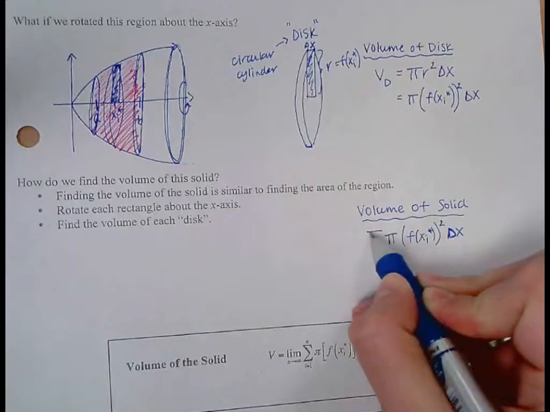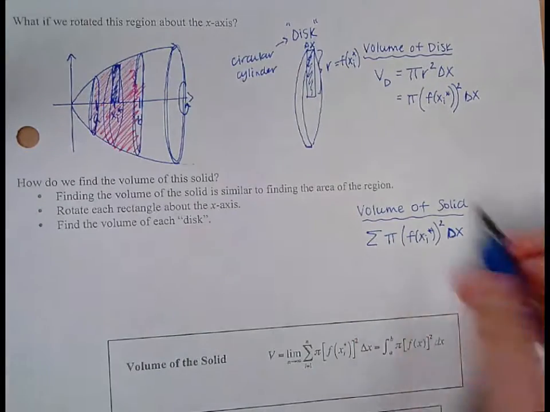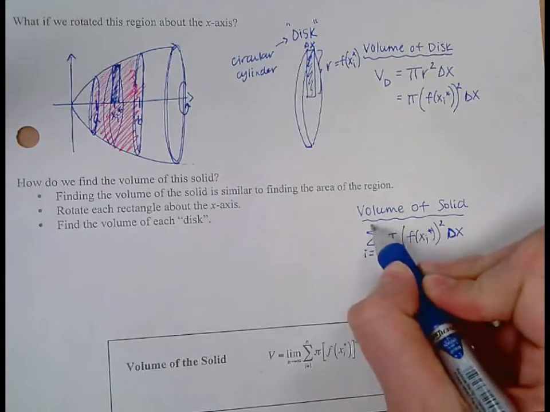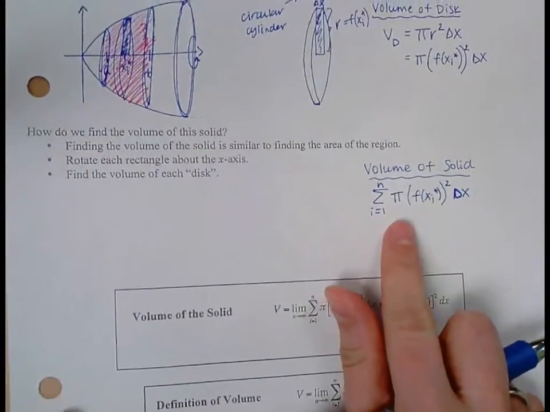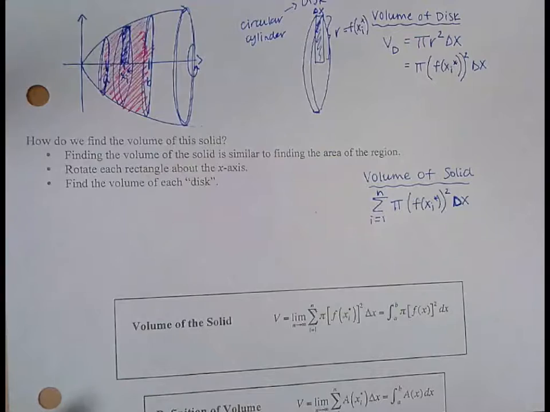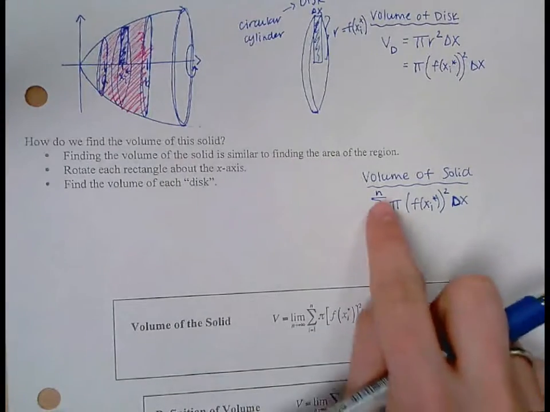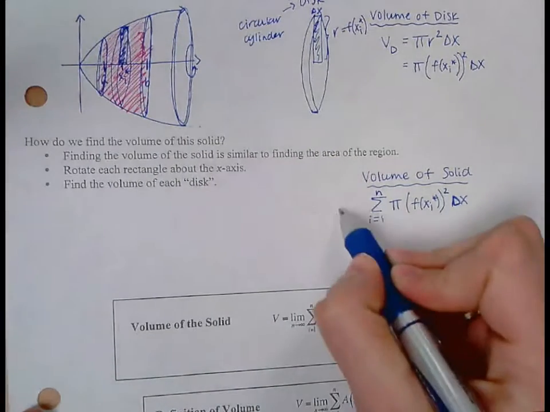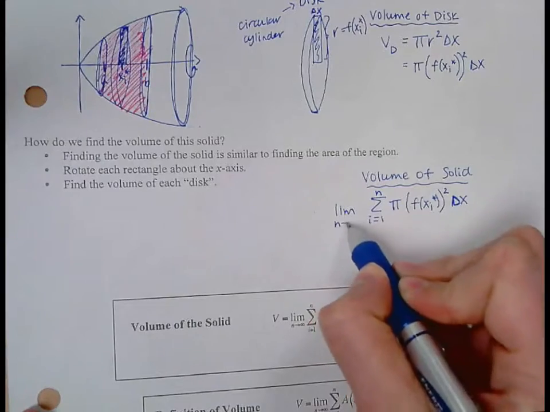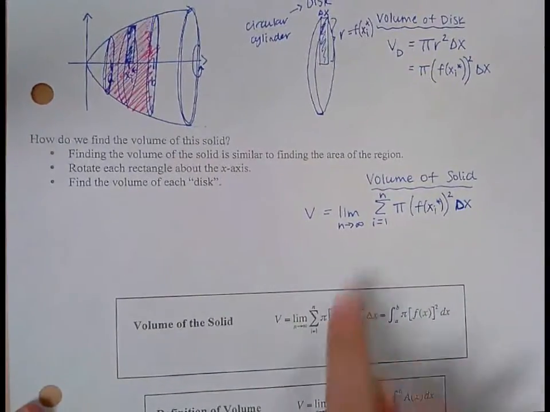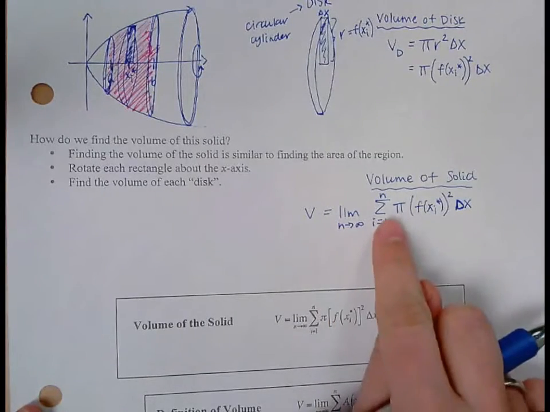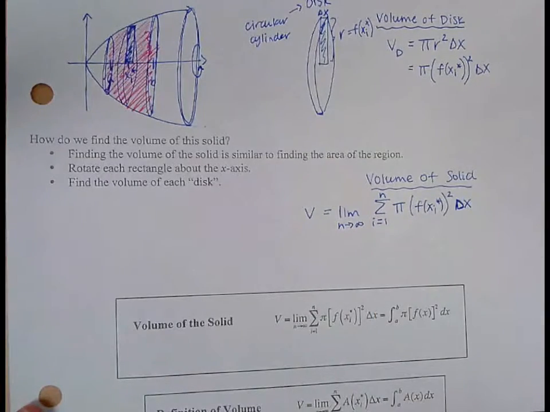So that would be the sum from i equals 1 to n. And the exact volume would be if you let n approach infinity. So if I take the limit of this as n approaches infinity, this is the exact volume of that solid. But again, a limit of a Riemann sum is an integral.